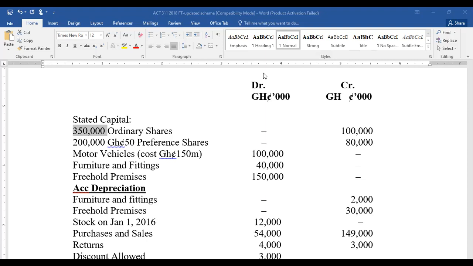How much do I get? 4,750. And that is what we call your retained earnings.